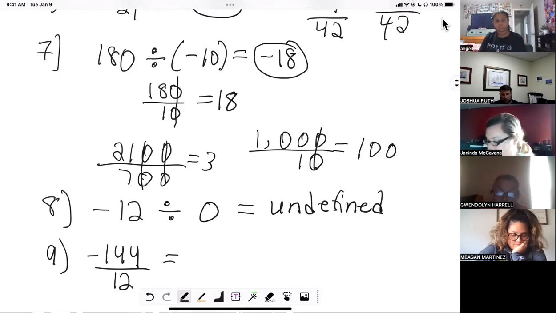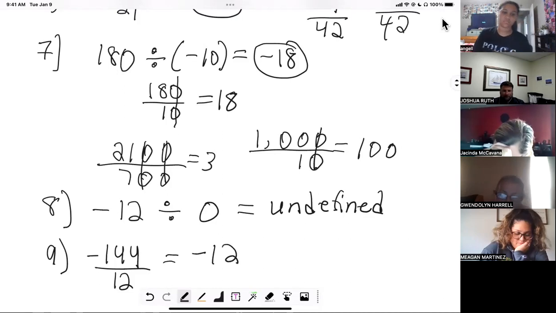So 144 divided by 12 is 12, because 12 times 12 is 144, but the negative divided by a positive, the negative wins, negative 12.